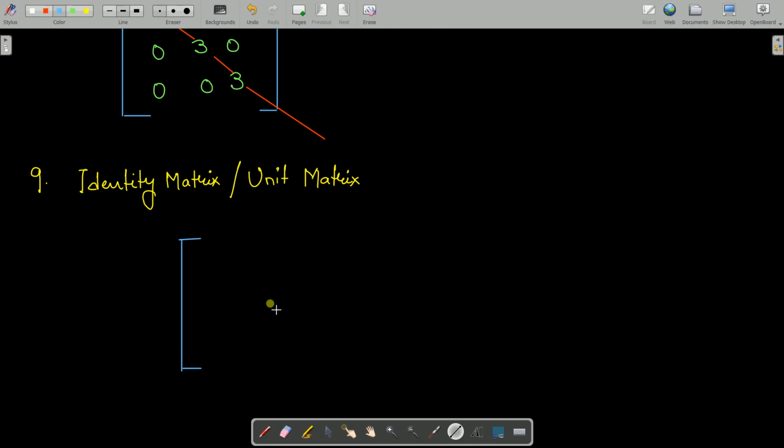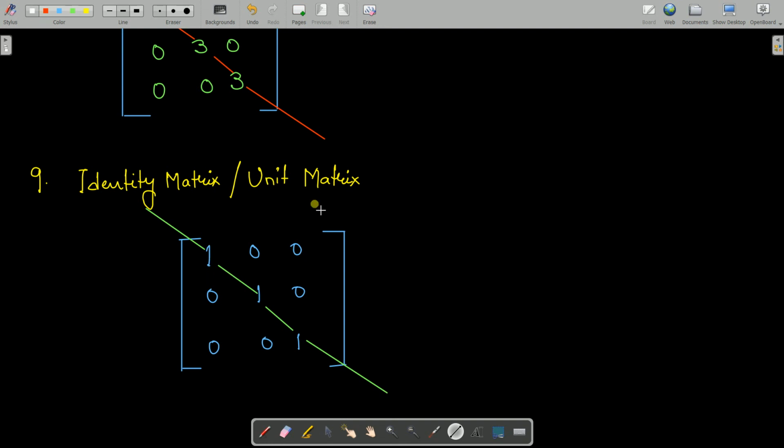If all the principal diagonal elements are 1, so let's say 1 0 0, 0 1 0, 0 0 1. So here, as you can see clearly, that all the principal diagonal elements are equal and equal to 1. Okay, so if all the elements along this principal diagonal become 1, I will call such matrix to be identity matrix.